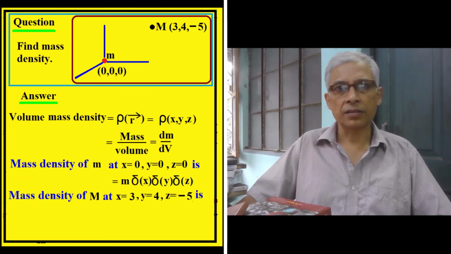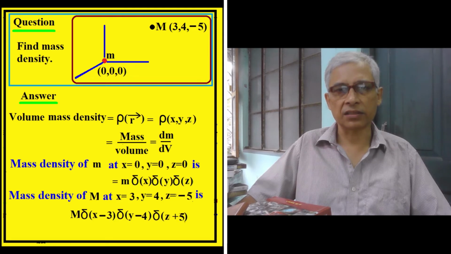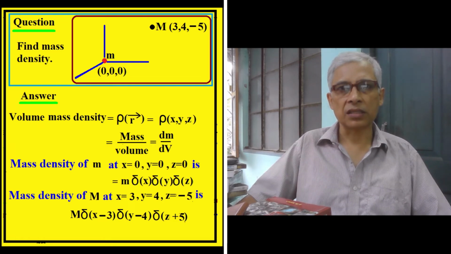And similarly, the mass density of the mass capital M is capital M into the product of three Dirac deltas. One is Dirac delta of x minus 3, since capital M sits at x equal to 3, and then comes the Dirac delta of y minus 4, since capital M has y coordinate 4, and finally comes the Dirac delta of z plus 5, since the mass capital M has z coordinate z equal to minus 5.